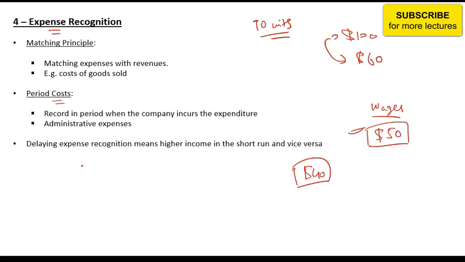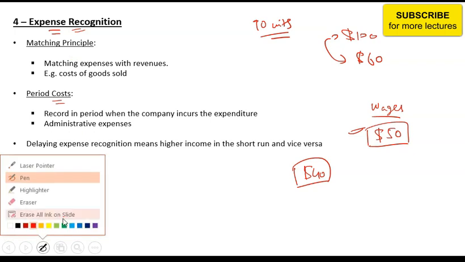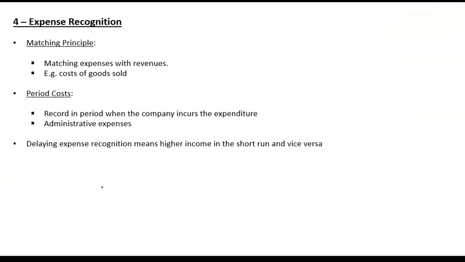If a company is delaying expense recognition, then it will record higher income in earlier years. And if a company is using conservative expense recognition policies, that is recognizing expense earlier, it will result in higher income in later periods. So by comparing the expense recognition criteria and changes in them, you should be able to find out the probable impact on the company's profitability in future, whether it will increase or decrease.